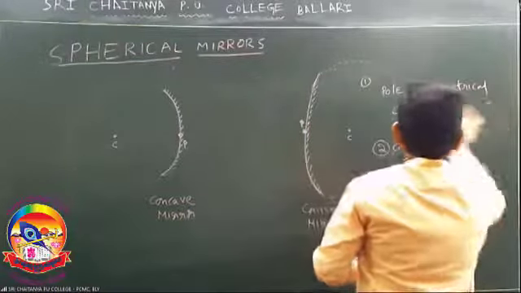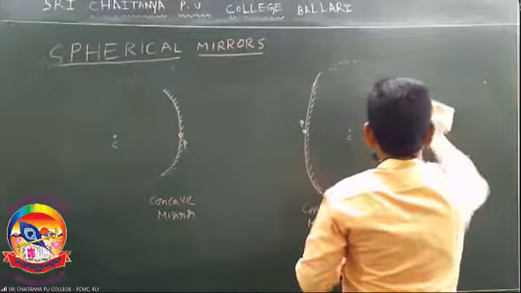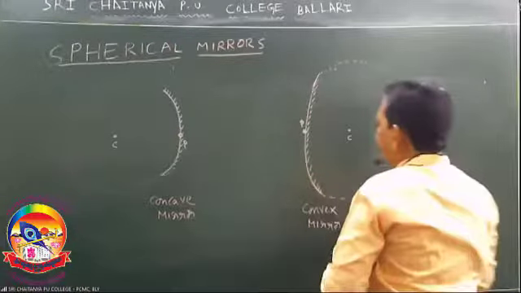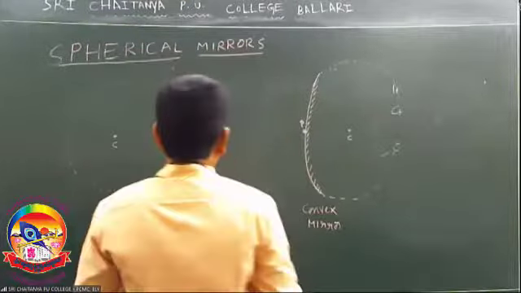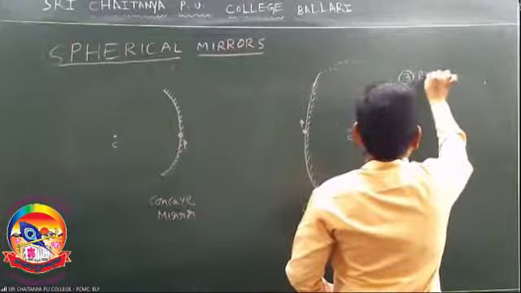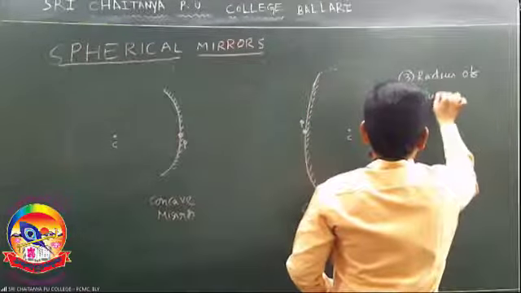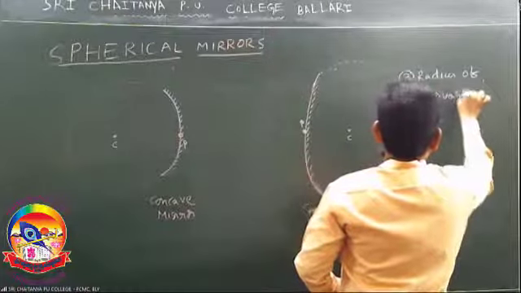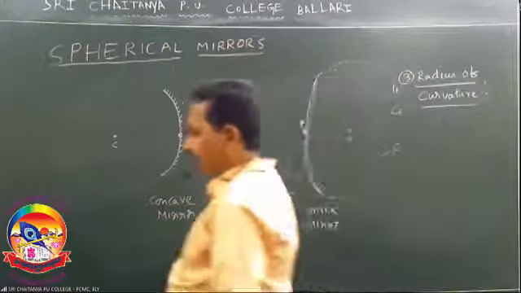Now, third one, radius of curvature. What is radius of curvature? It is also very simple.